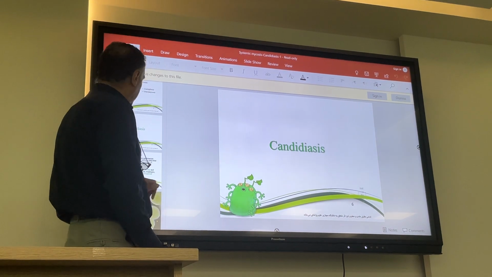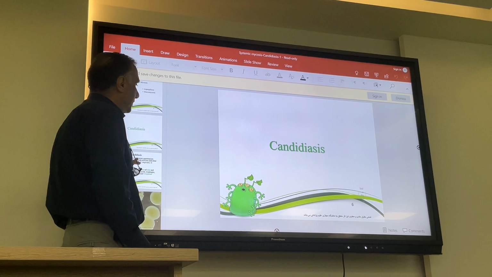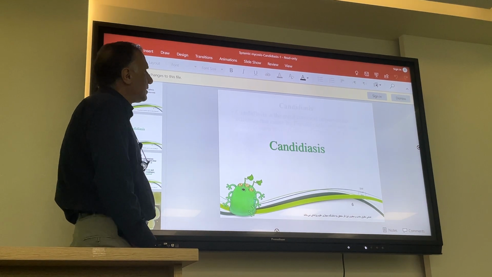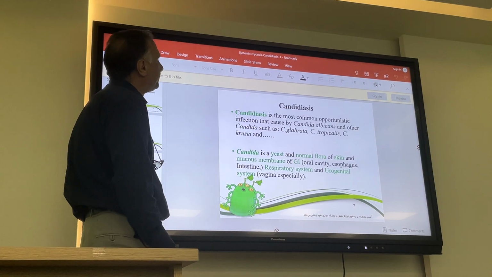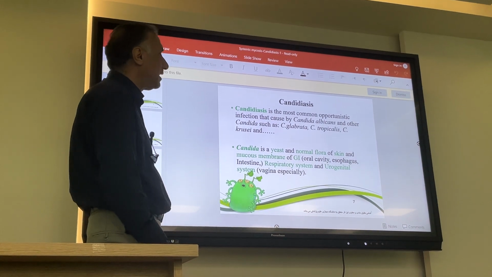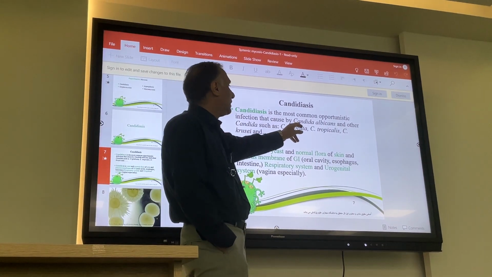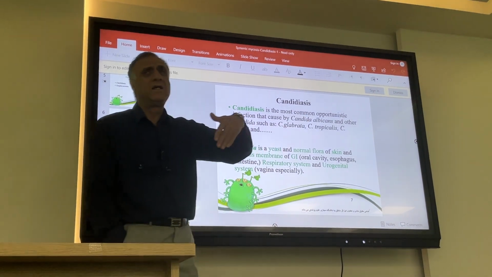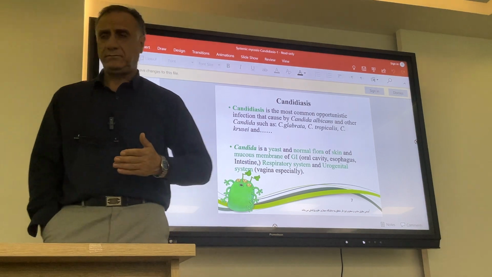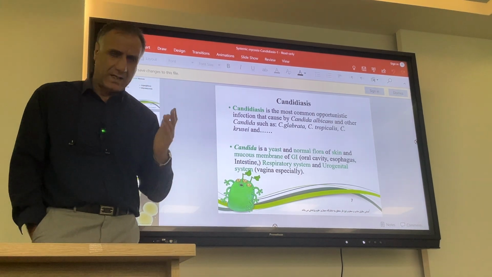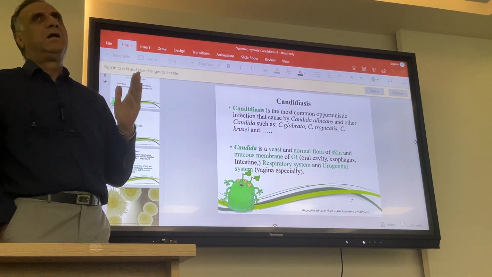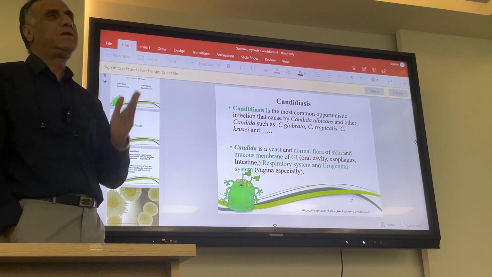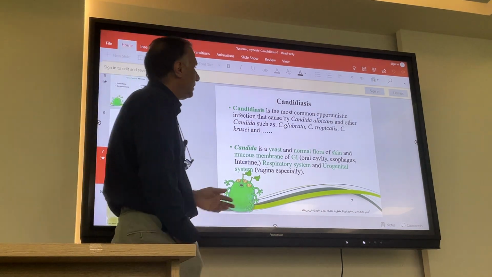At first, we must speak about candidiasis. Candidiasis is an infection whose agent is a yeast. The genus is Candida. It has more than about 700 species.